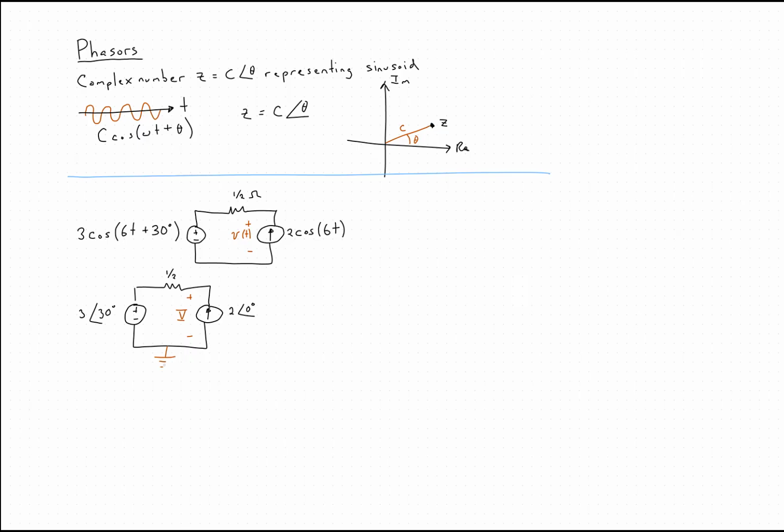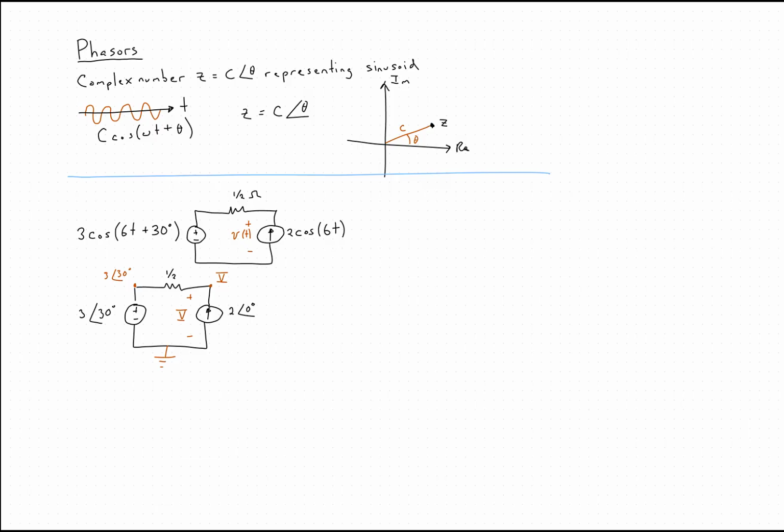And you'll notice that there's only one unknown node. We know what this node is. It's 3 at an angle of 30 degrees, set by the voltage source. And so the only unknown node here is this one, and we've already called it V. That's the thing we're trying to find. That's the beauty of using nodal for this. We'll just directly find the answer.